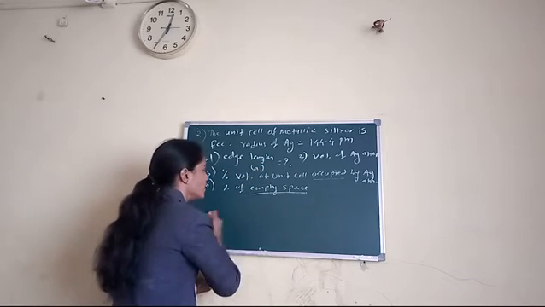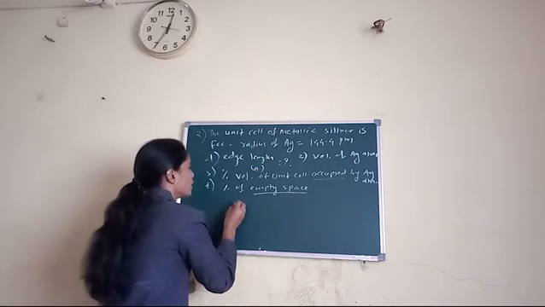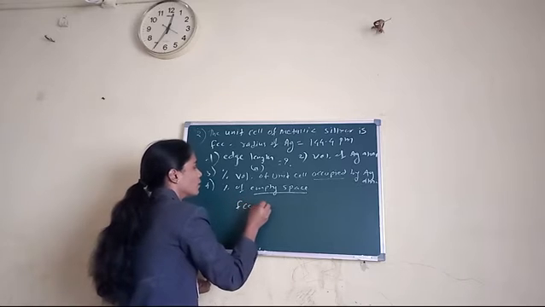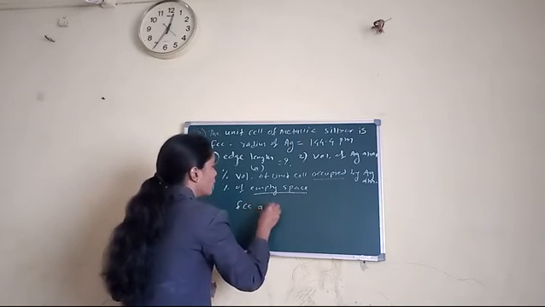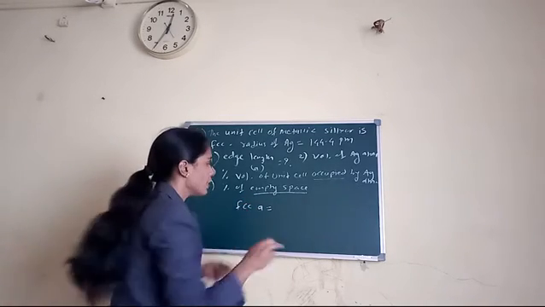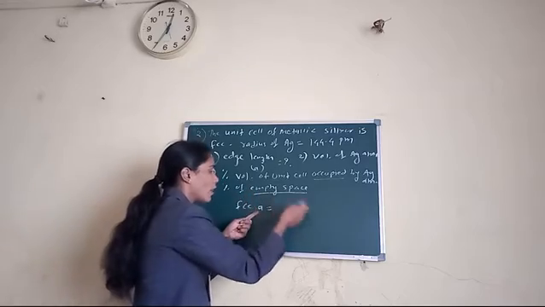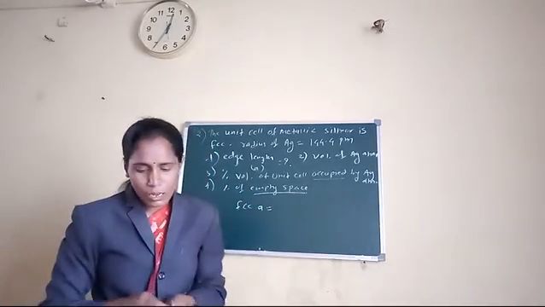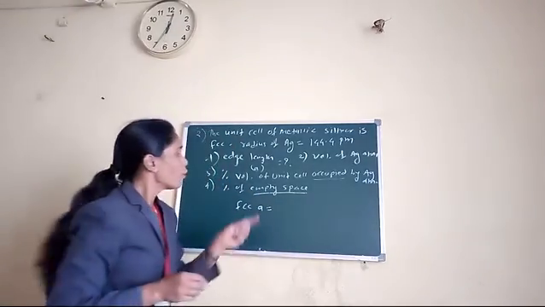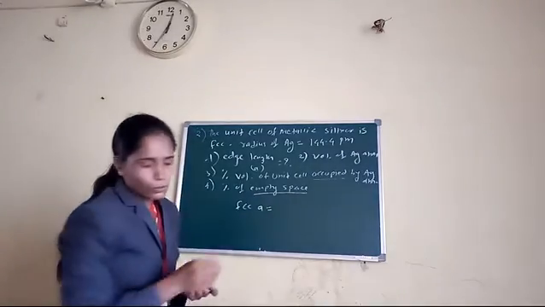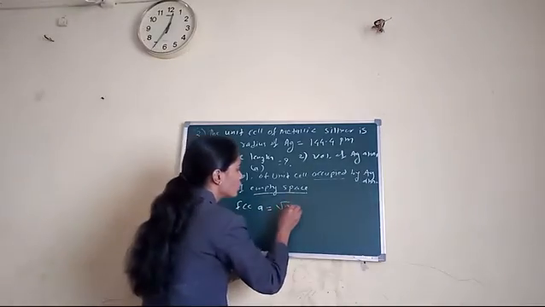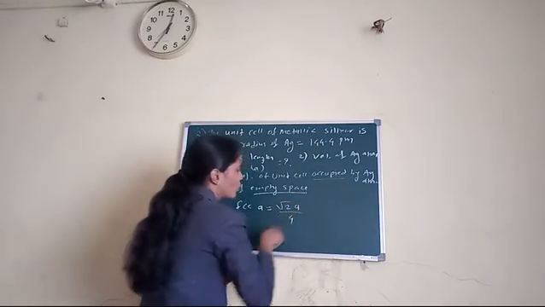For FCC, the edge length a can be calculated by the relationship between a and r, the radius. The formula for FCC is r equals root 2 a upon 4.